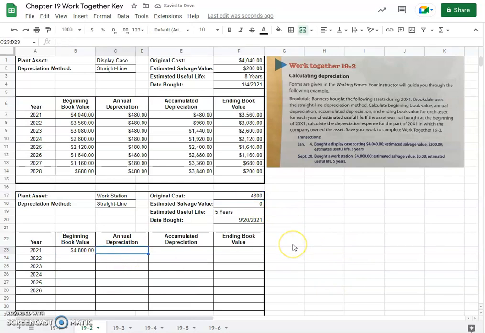The annual depreciation is going to be a little bit different on this one because it'll be a partial year. So equals the total amount of depreciation, which is 4,800 on this one, divided by 5 years, right? That would be a total annual depreciation on a normal year.